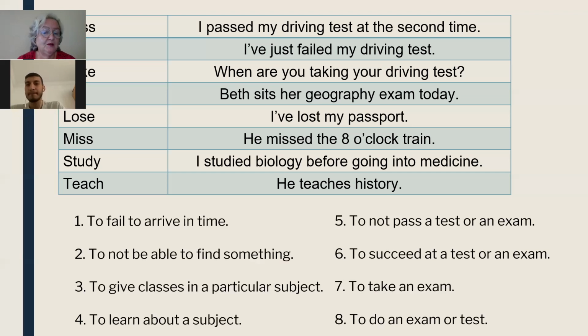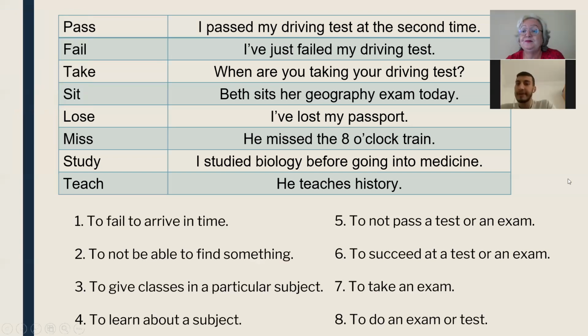Now, at the bottom, in 1 to 8, you have to choose one of these sentences to go with one of the verbs. Read the sentence and then look for the verb, maybe. The first one, to fail to arrive in time.